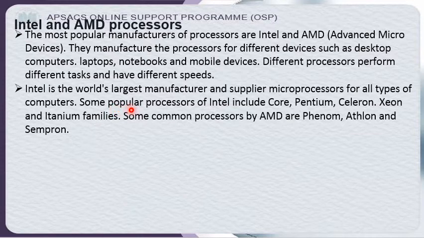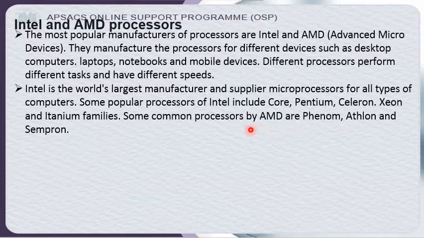Some popular processors of Intel include the Core, Pentium, Celeron, Xeon, and Itanium families. Right now, for a desktop computer we are utilizing the Core processor, because you are using Core i3, Core i5, and Core i7, and the latest one is the Core i9 processor. Pentium was the old one, Celeron was the old one, Xeon is used for a server motherboard, and some other families are there.